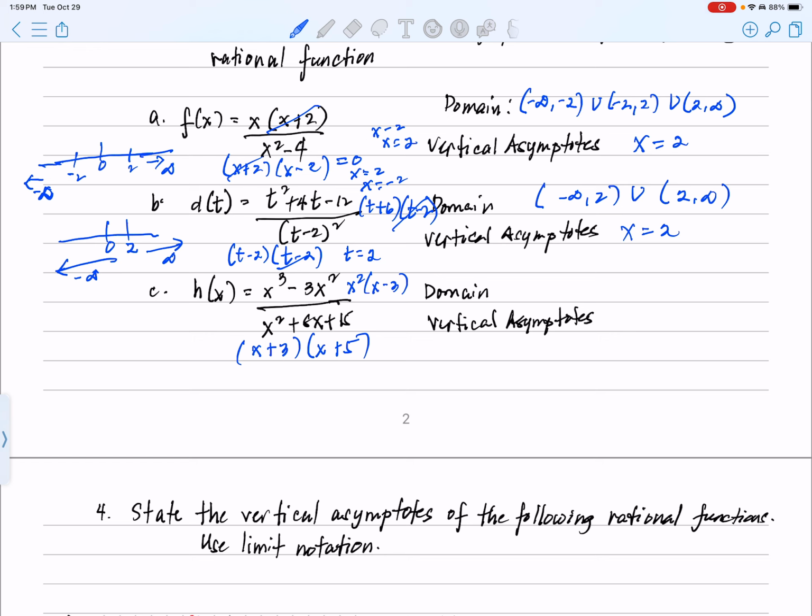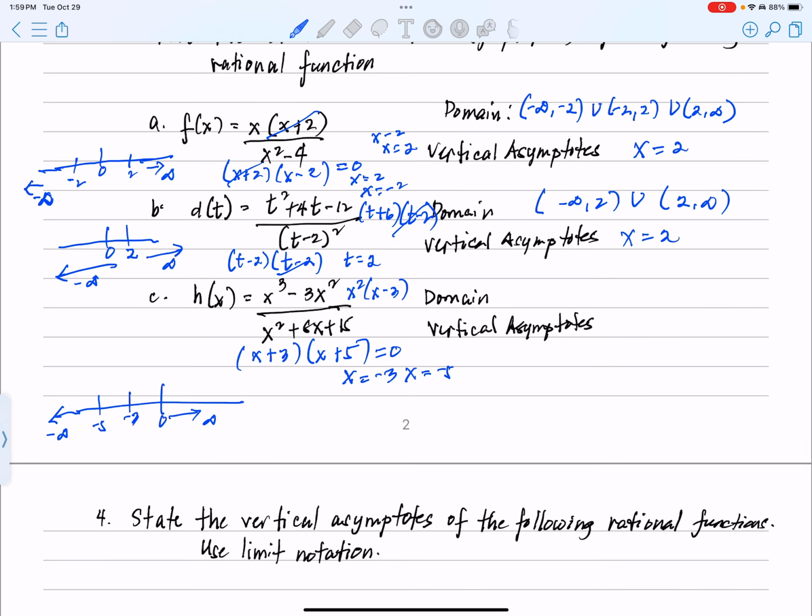So if I draw, in other words, our x here, if we equate the denominator to 0, x is negative 3 and x is negative 5. Okay, so we are trying to find the domain. This is negative 3, this is negative 5, this is negative infinity right here, and the right is positive infinity. So let's start. We have 3 intervals here.